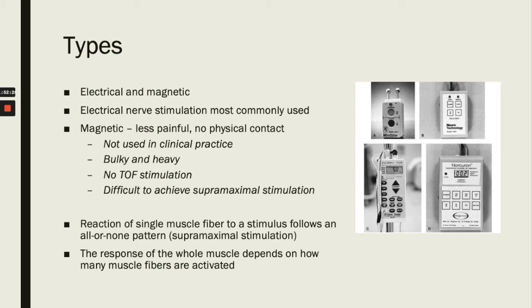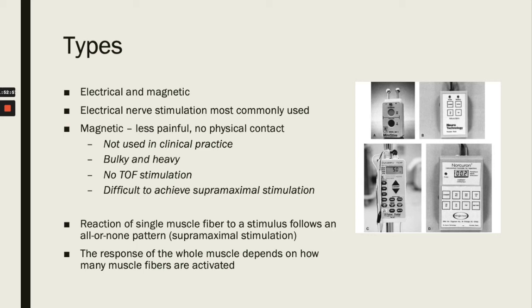As a refresher, the reaction of a single muscle fiber to a stimulus follows an all-or-nothing pattern, and the response of the whole muscle depends on how many muscle fibers are activated. If you want to see a really big reaction in the muscle, you want more muscle fibers activated, versus only one, which would give a smaller reaction.